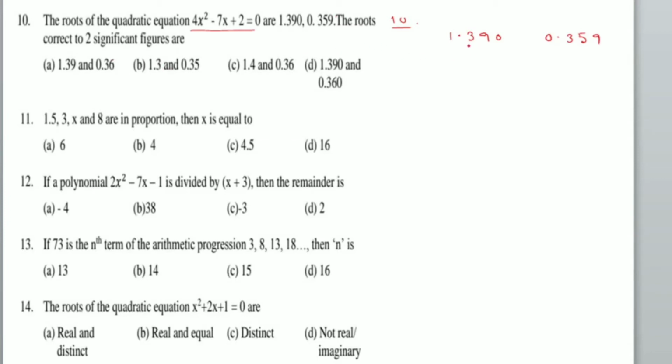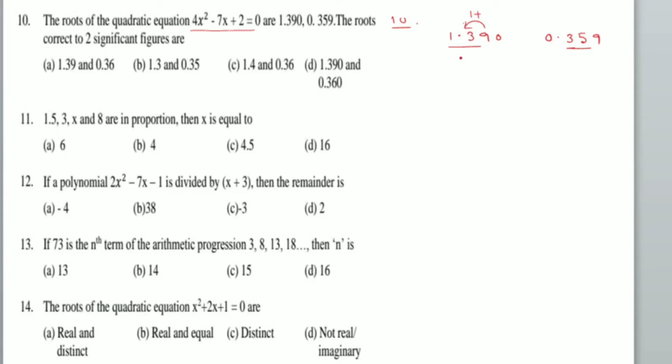So we will take up to 2 significant figures. But by the rule of rounding off, you can know that if the next number after the digit up to which we have to take is 5 or greater than 5, then one is added to the previous number.